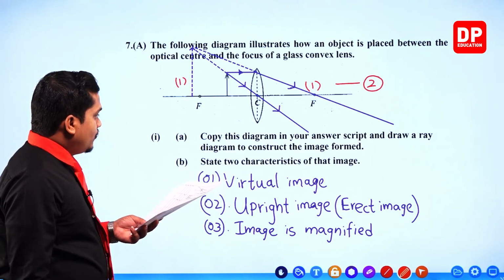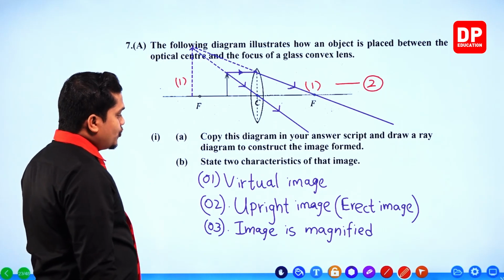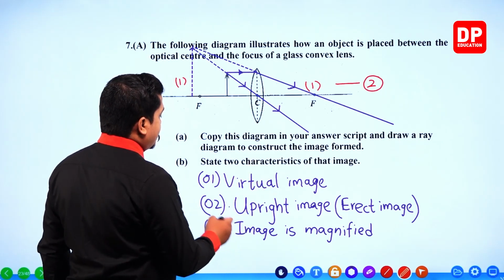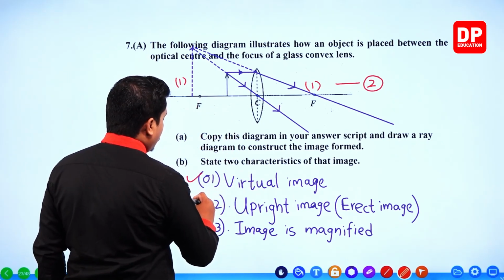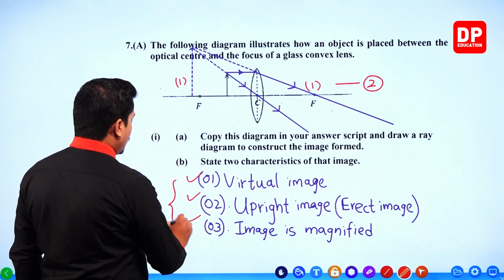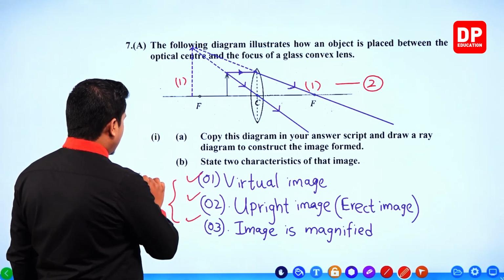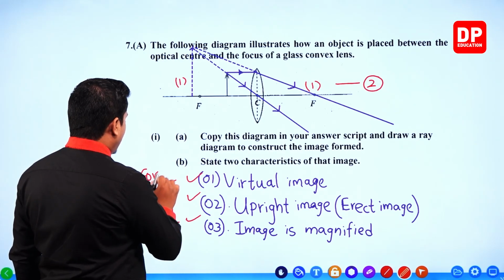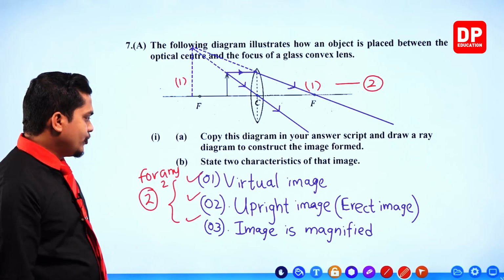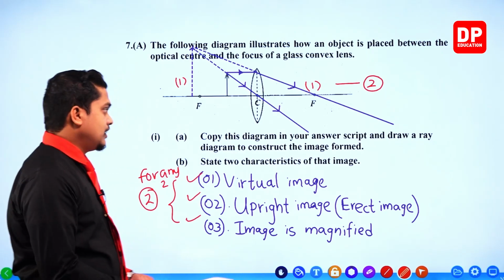Then for stating 2 different features or characteristics of the image created over here, you'll be getting 2 marks for any 2, okay?